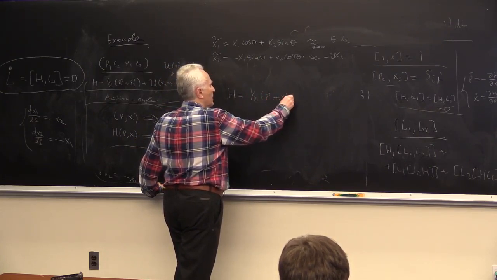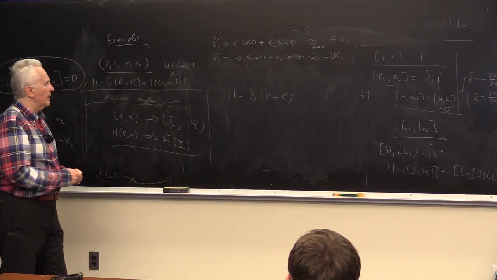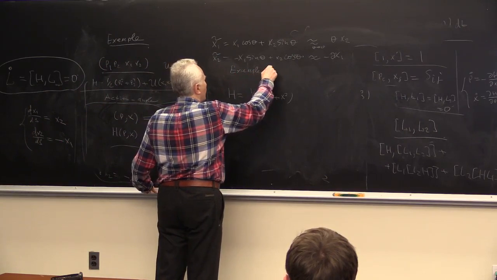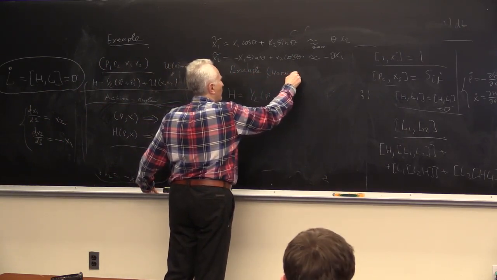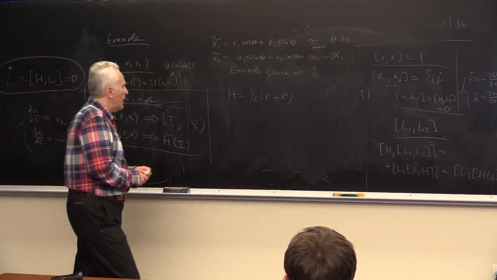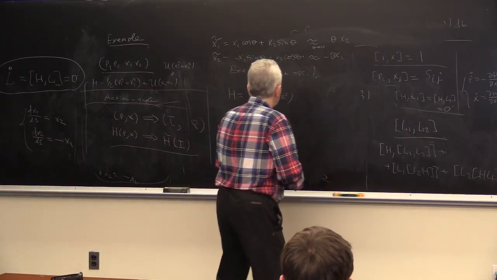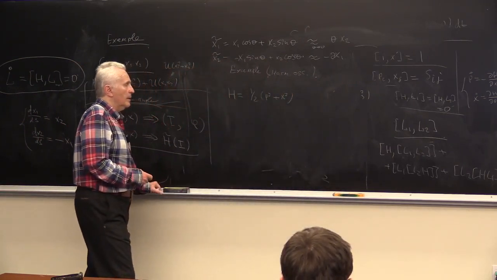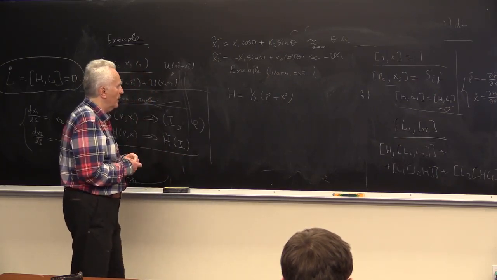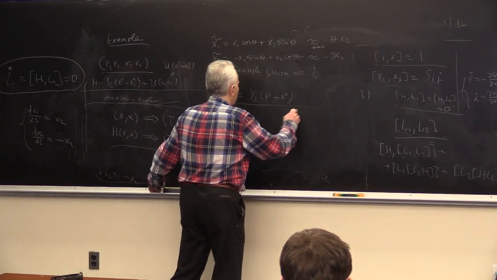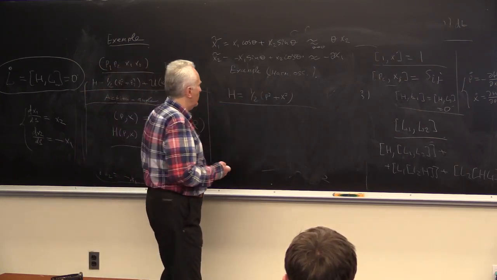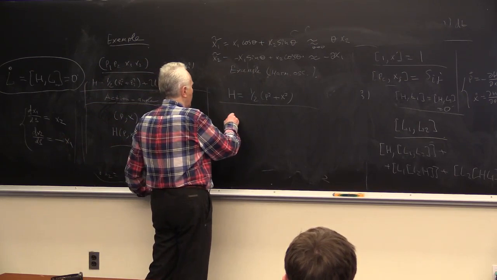Let's take a harmonic oscillator. And let's try to change variables in such a way that the Hamiltonian is a function only of momentum.